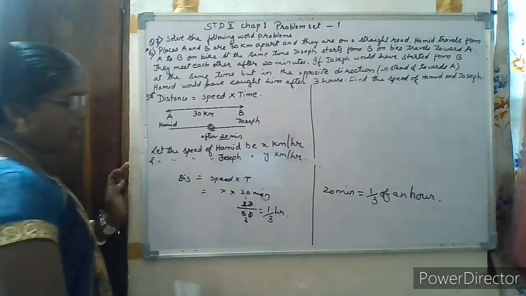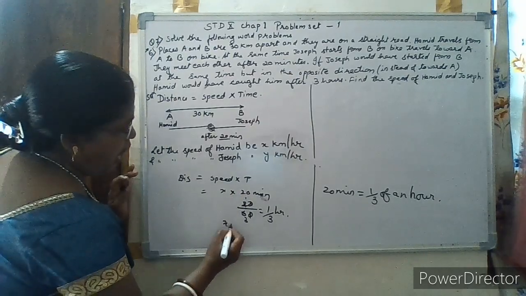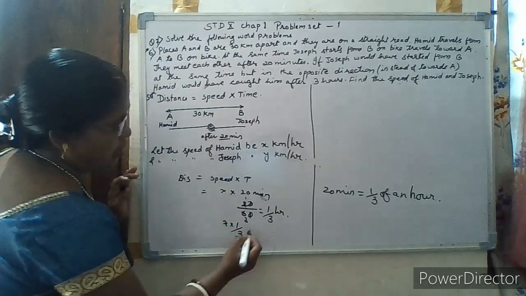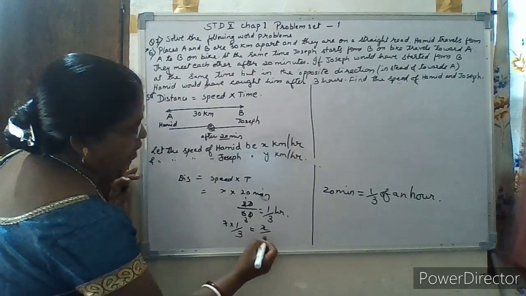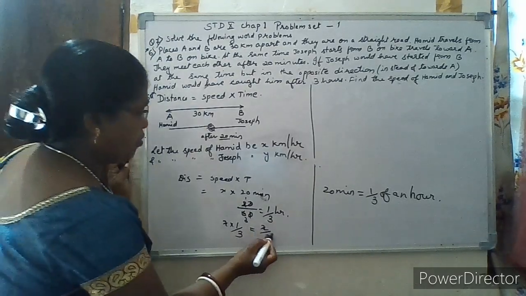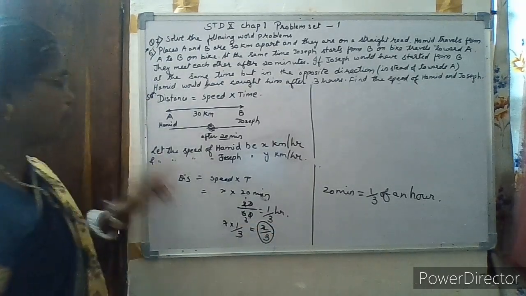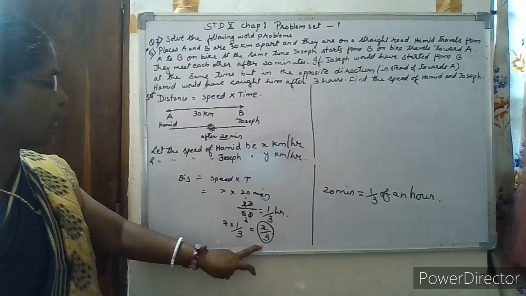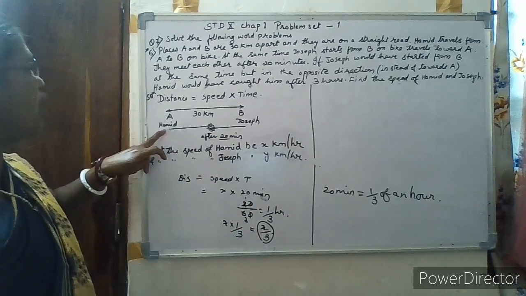Therefore, we can take this as x into 1 by 3, so it is equal to x by 3. This is speed into time, giving the distance traveled by Hamid.